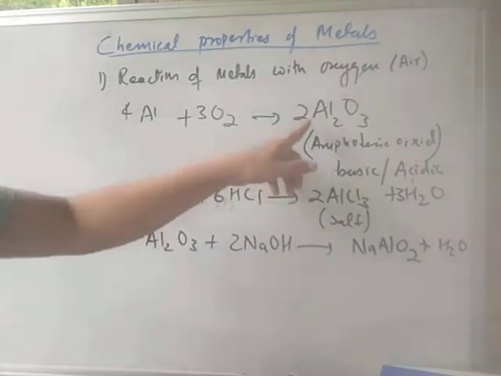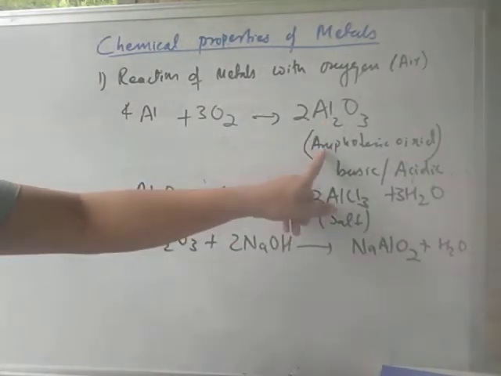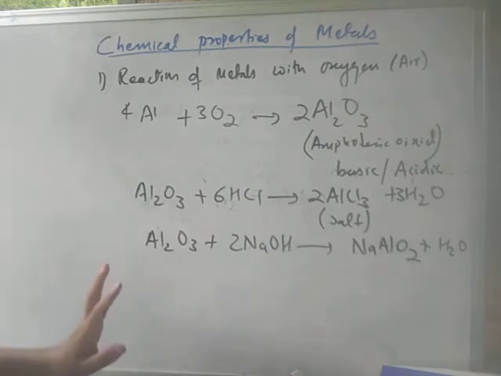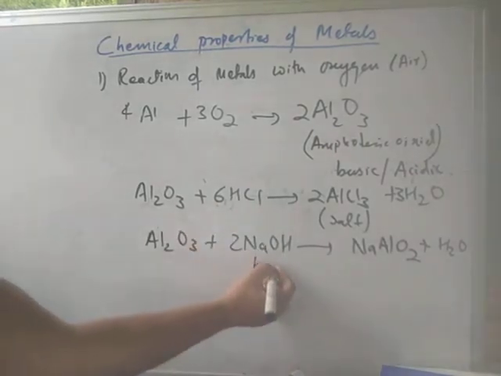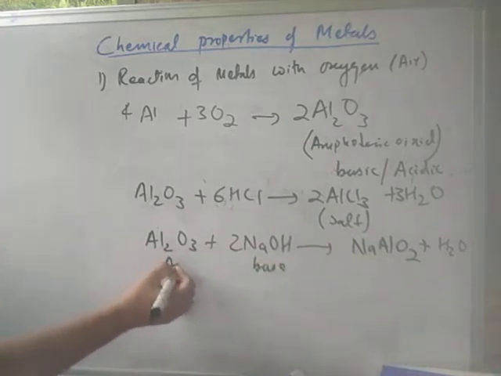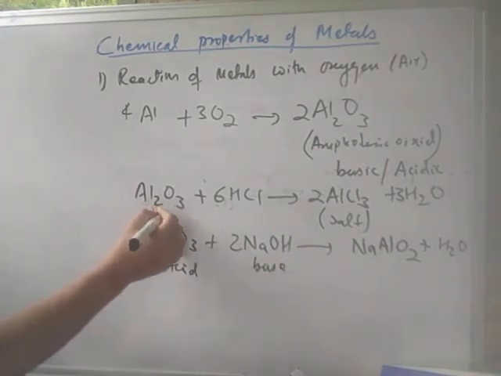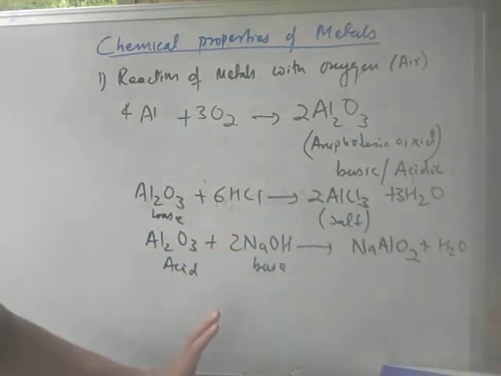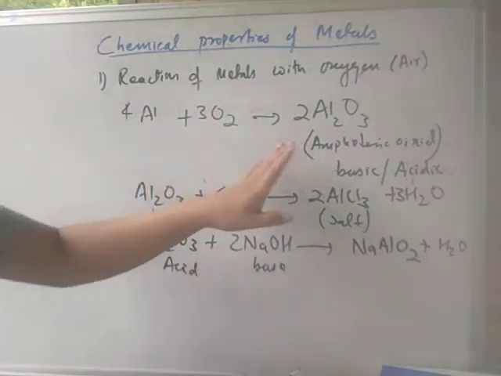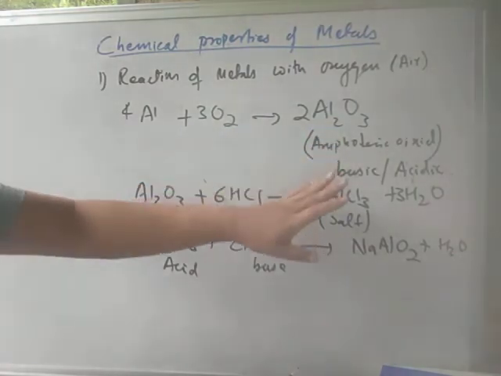So that's why aluminium oxide is an amphoteric oxide. Clear? Base plus acid gives salt and water. This is why this oxide is amphoteric.